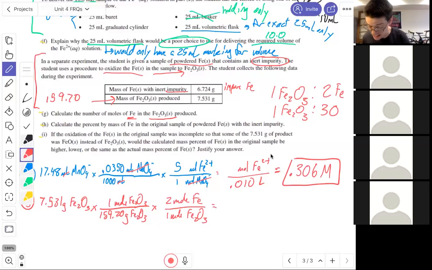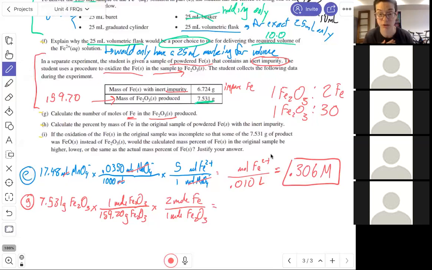So how many sig figs in this answer for the moles? 4, because this number has 4, and that's your only given here.